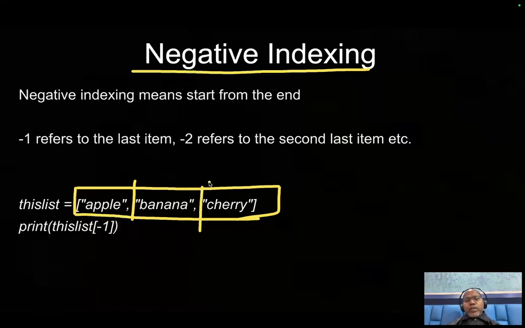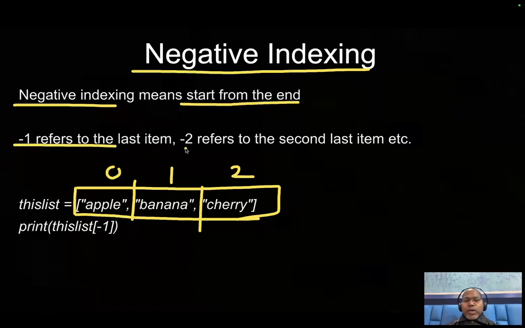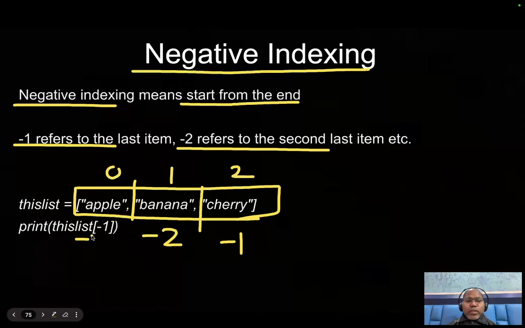By default, we have positive indexing. That means this is 0, this is 1, this is 2. Negative indexing means start from the end. Minus 1 refers to the last element, minus 2 the second last. That means this is minus 1, minus 2, minus 3, in this way.